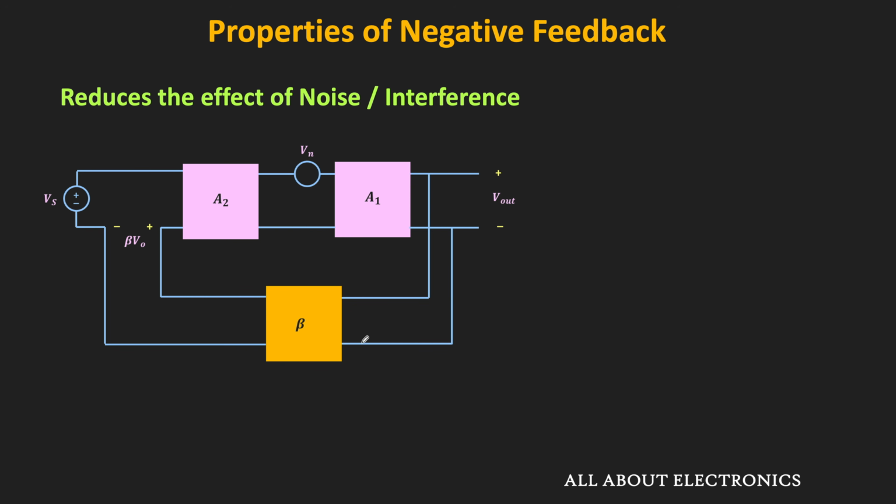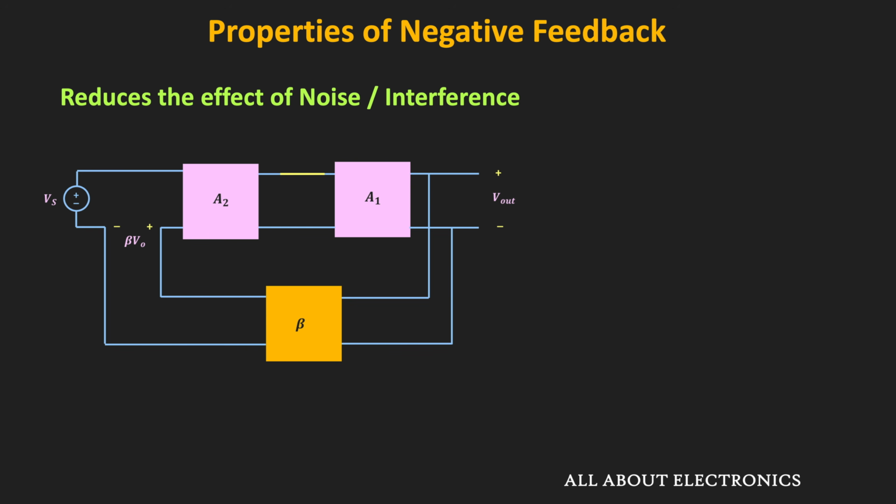So now, if you see over here, then we have the two voltage sources, that is Vs and Vn. So here, by applying the superposition theorem, we can find the overall output of this feedback amplifier. So first, let us assume that only this voltage source Vs is acting alone and this Vn is equal to 0. So let's say in this condition, this output voltage is equal to VO1.